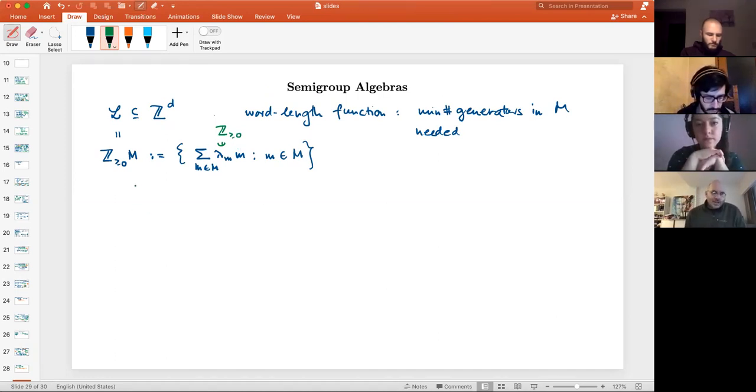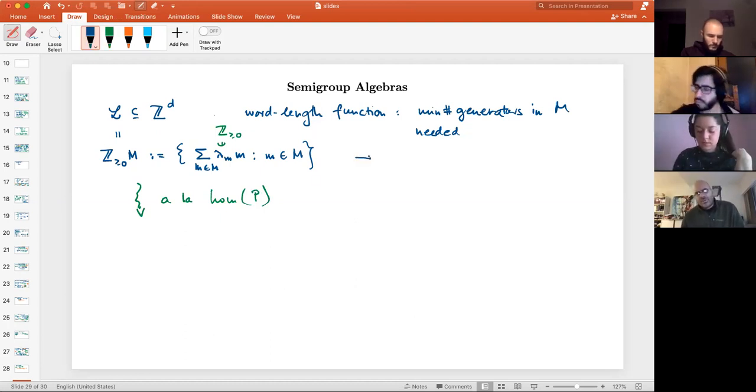I want to mimic my construction of homogenizing a polytope. If you remember back then, I said let's take the convex hull of these generators. This is now a polytope living in R^d, and I said back then we're lucky we can interpret things in terms of this polytope.